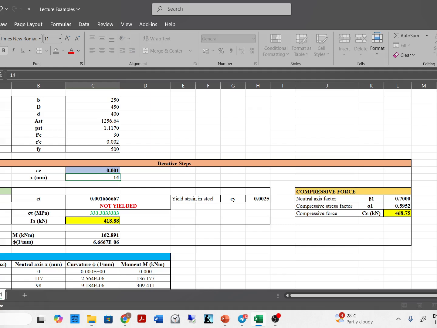Let us try 145. Okay, Cc is still more. Reduce the x value, 144. Reduce further, 143. Okay, so we need to again fine tune the value between 143 and 144.